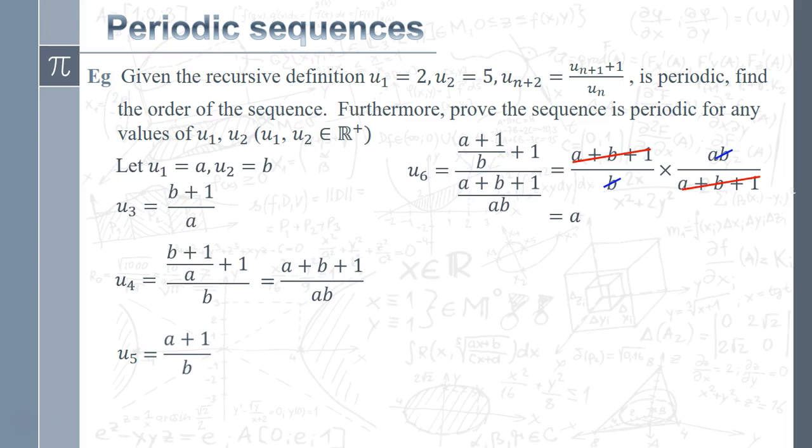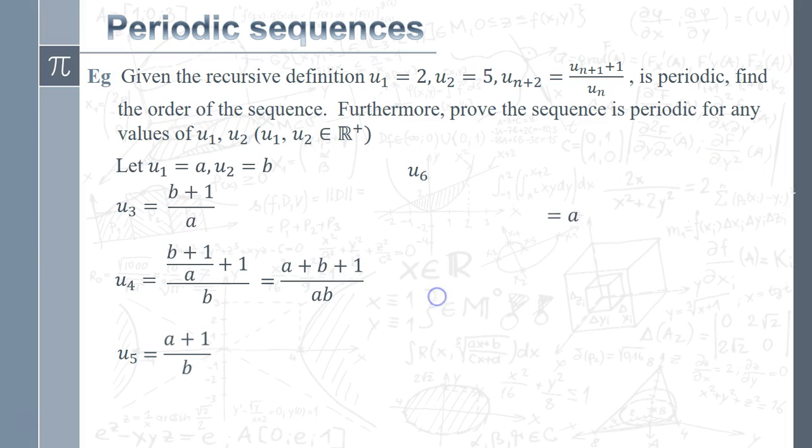And what we've got to do now, same as we did last time, is prove that our next term, so we've got to go to u7, becomes b. So what we've now got is a plus 1 over this one here, a plus 1 over b. There it is. Okay, that's just my way of dealing with fractions like that.